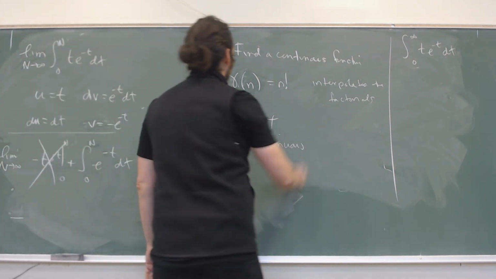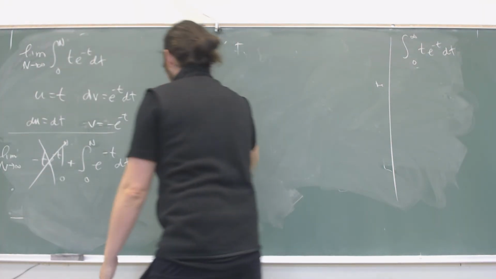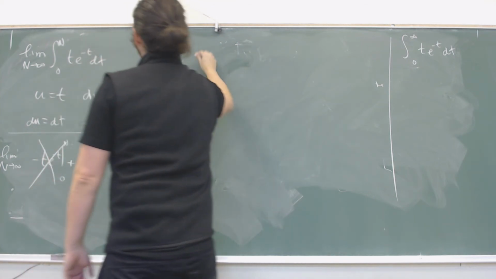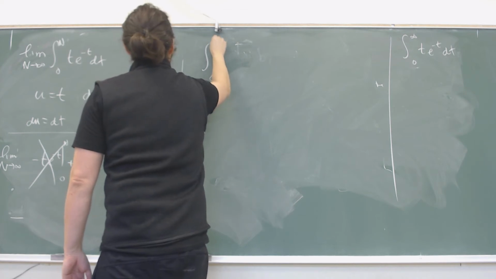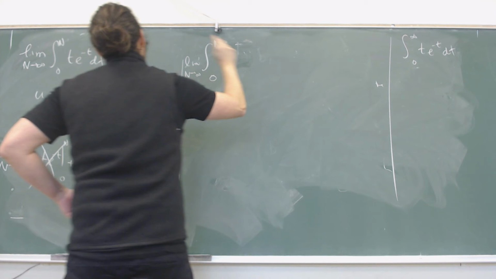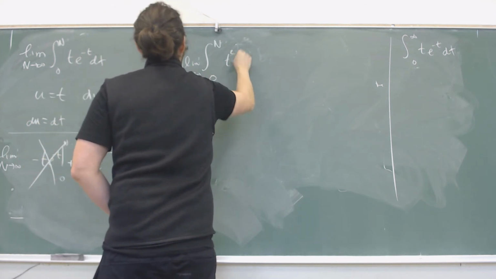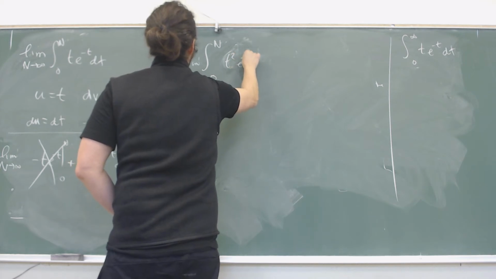Let's try, what if, in the course of calculating your Laplace transforms, you said to yourself, man, I sure do a lot of this, 0 to n, the limit as n goes to infinity. What if you put a 2 up here instead? t squared e to the minus t dt.